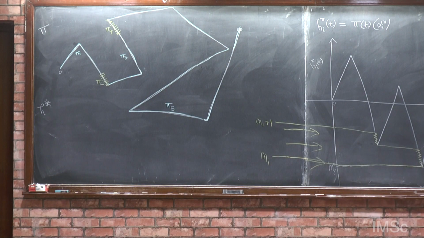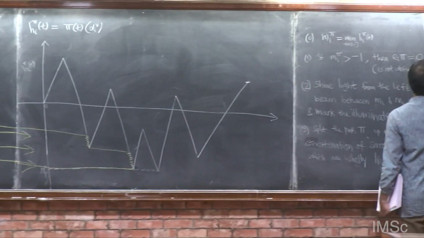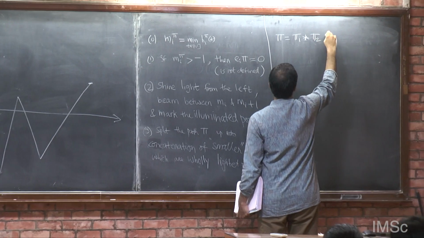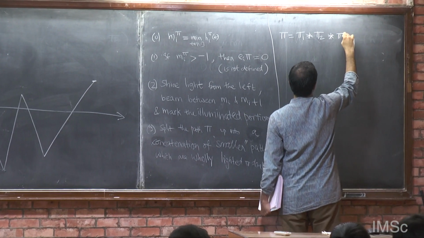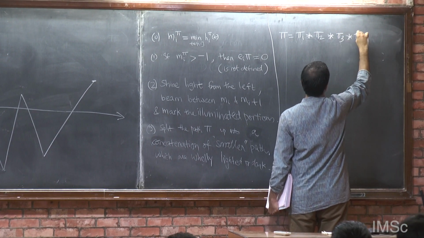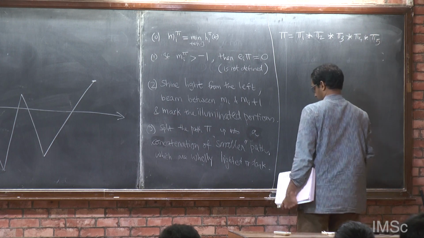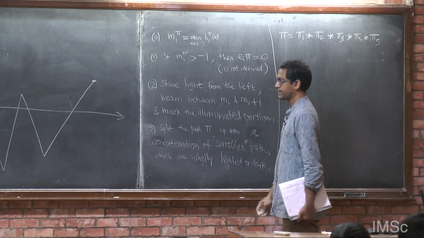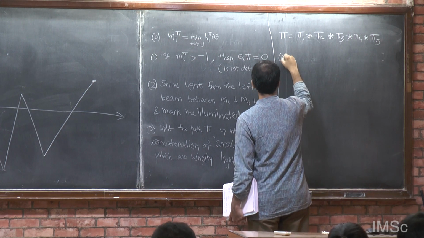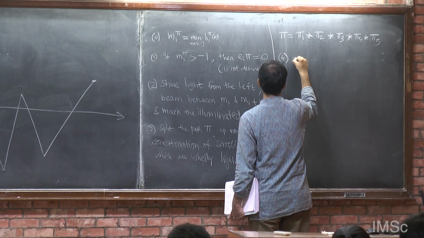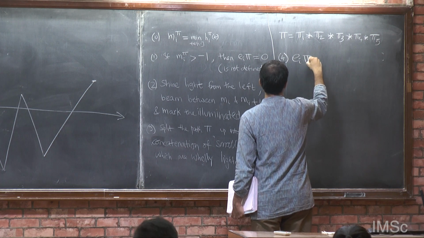So that's what this step means. I have now written pi as follows. You write it in that manner, and then step 4 says what EI pi is. EI pi is defined as follows.